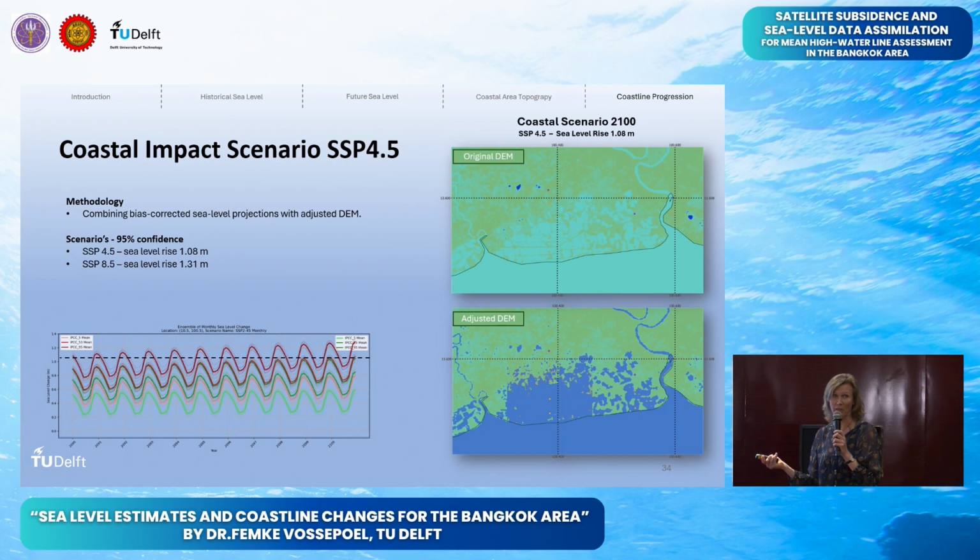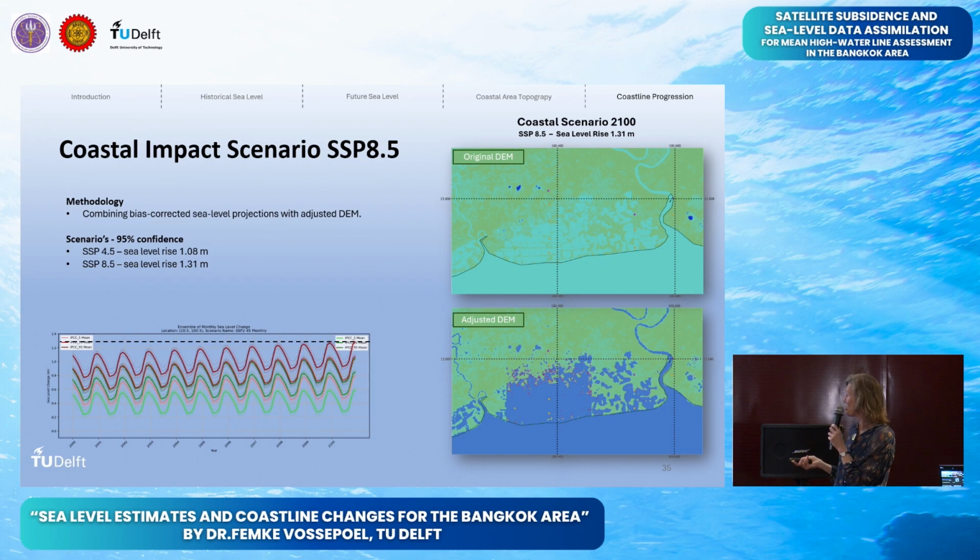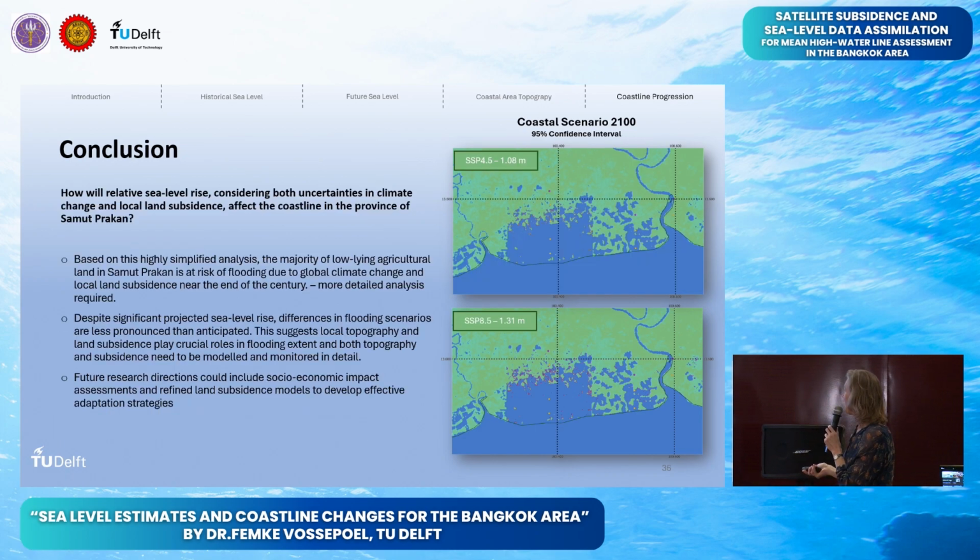Again, this is very speculative, and I see some people nodding here, but this is just to illustrate what would happen if this is the subsidence. And I don't think it's bringing much news, but I do think there is a lot of interesting material in here to perform a more detailed analysis.